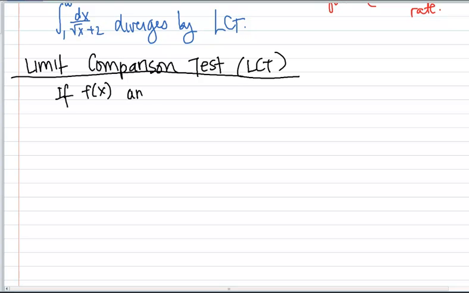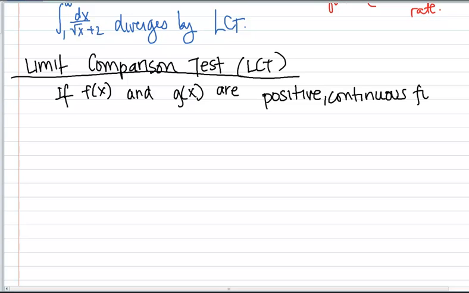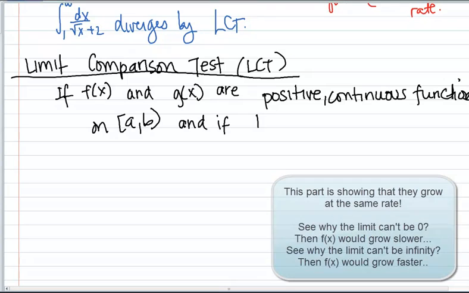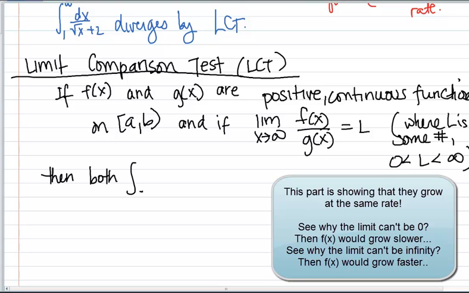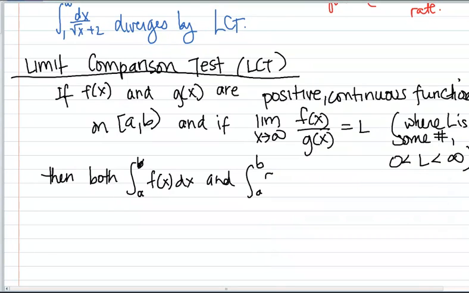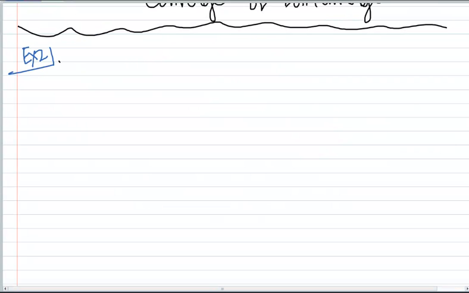If f of x and g of x are positive, continuous functions on your interval a to b, and if the limit as x approaches infinity of one function over the other equals some number L, then the integrals of f of x and g of x both converge, or both diverge.